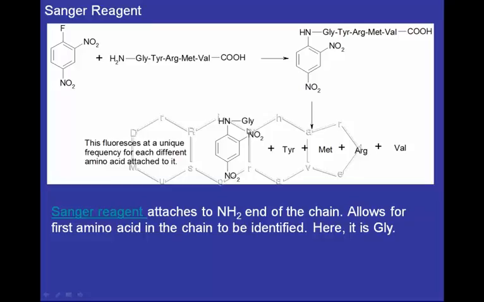So looking at the fluorescence frequency will tell you what is connected at this point, which will tell you what was on the end of the peptide. That will tell you what was first in the peptide chain. So the Sanger reagent will allow us to do that.